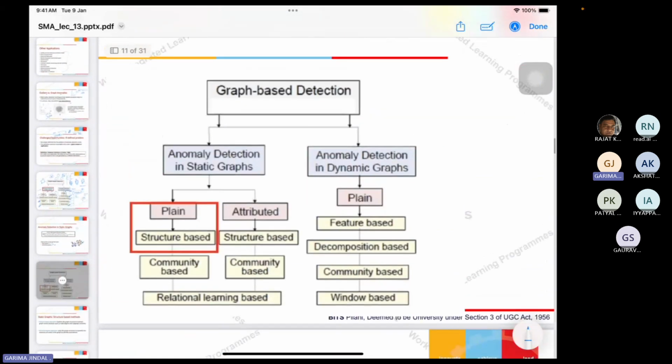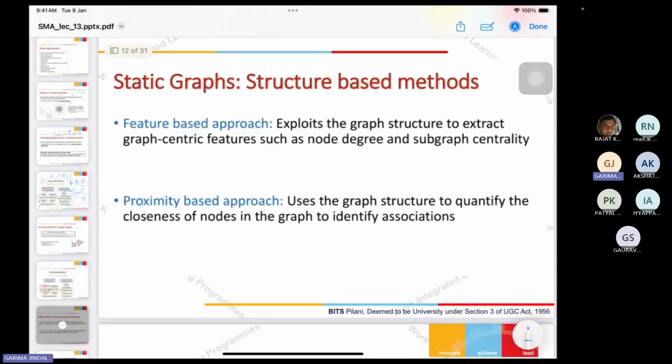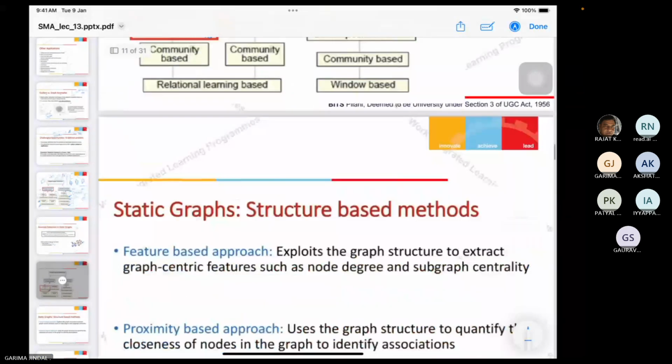Firstly, in the plain graph, I'm going to tell you about structure-based algorithms and how they work. Let us first discuss, in static plain graphs, how based on structural properties, I can identify the anomaly.